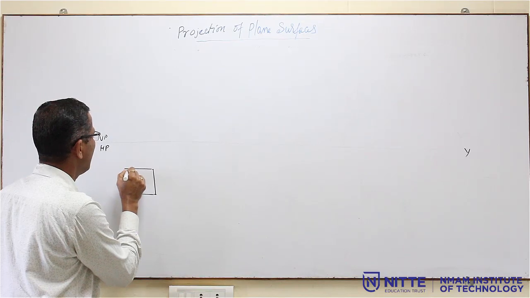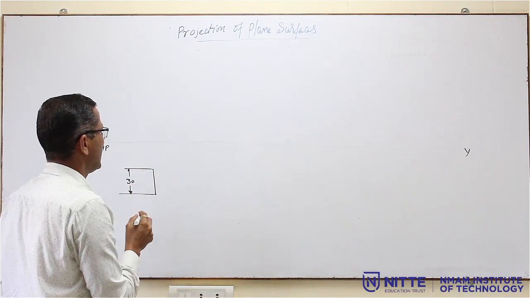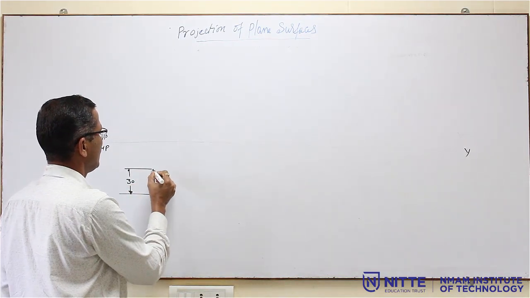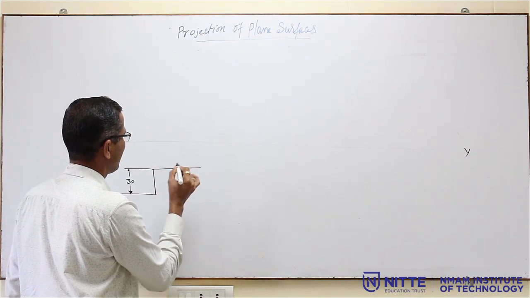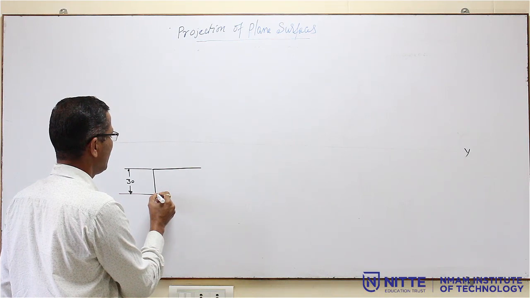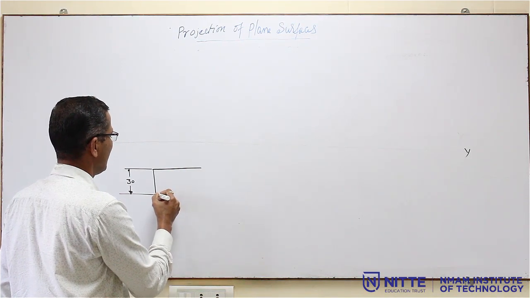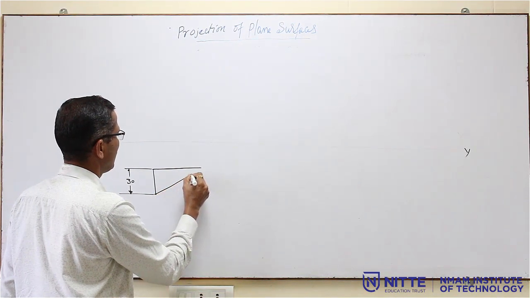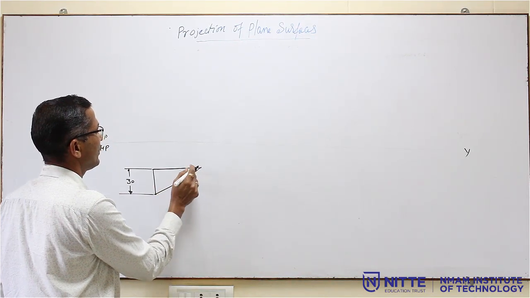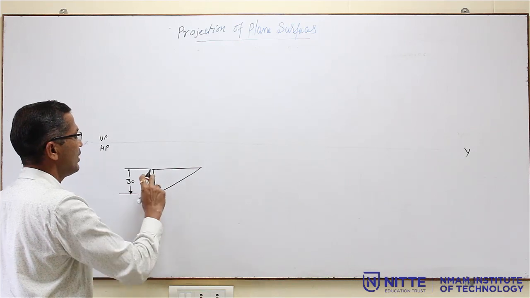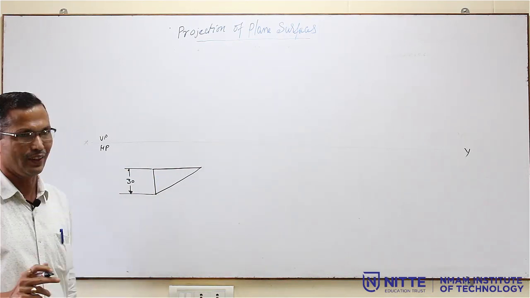Then you construct the set square. So, from here you draw a perpendicular line and from this point you draw a 60 degree. So, this angle will be 60 degree and this is the 30 degree. So, this is the 30-60 set square with the shortest side.